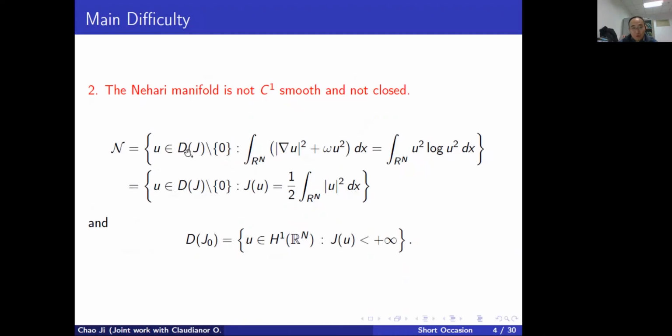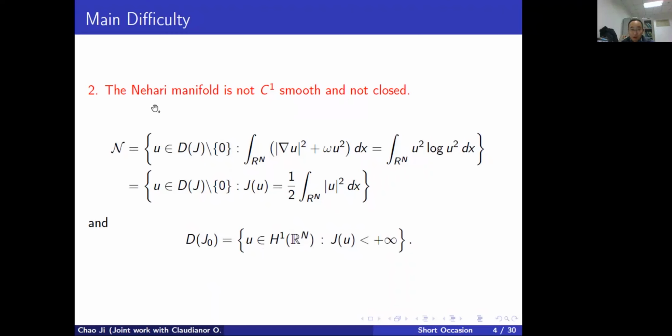More precisely, u belongs to D(J) minus 0. What is D(J)? D(J) is a subset of H1 of Rn satisfying that J(u) is finite. Because the functional J is not C1, we know this is not C1. Because we choose this side, not this side, we know the Nehari manifold is not closed.